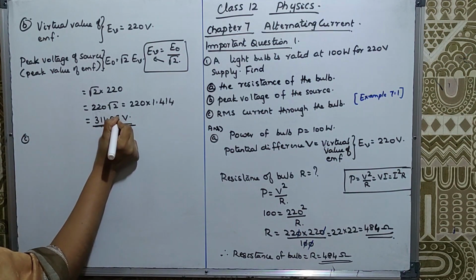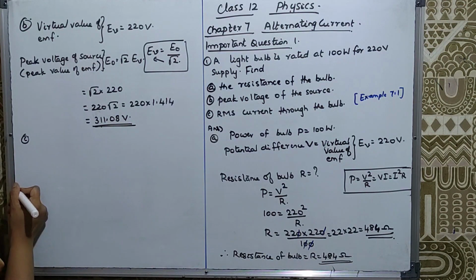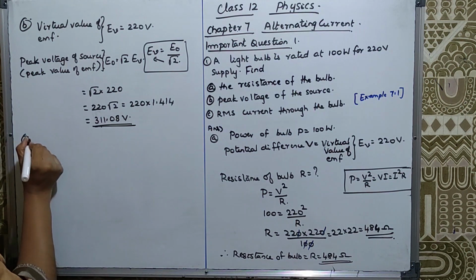Now, next one. C part is the RMS current to the bulb. RMS current is I RMS or virtual value of current.